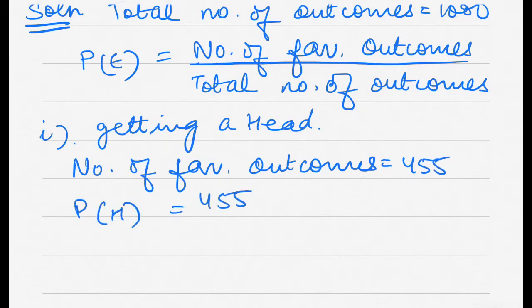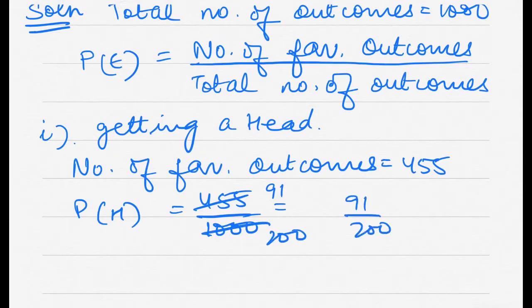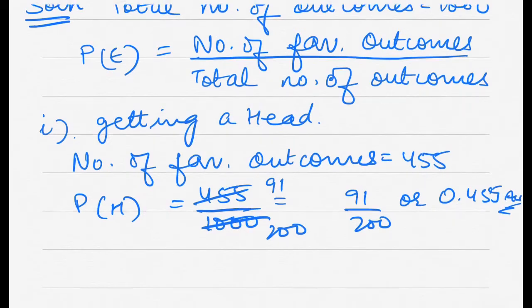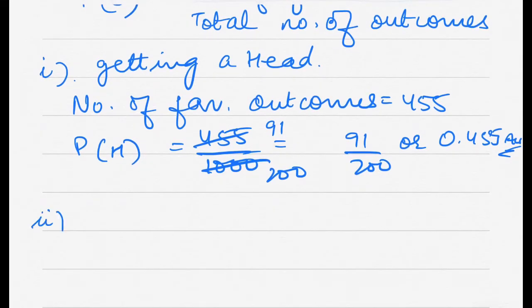So my probability of getting a head is equal to 455 by 1000. Either I can write it in fraction, 91 by 200, or directly write 0.455, because there are 3 zeros, so 3 decimal places. That will be my answer.